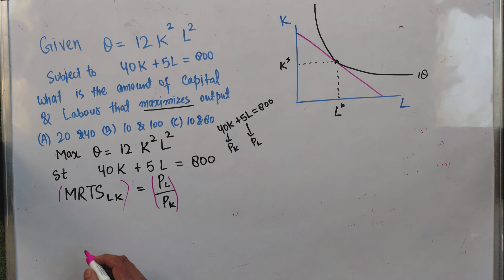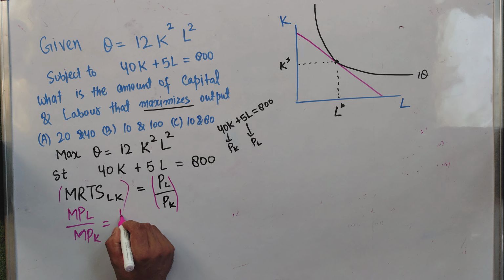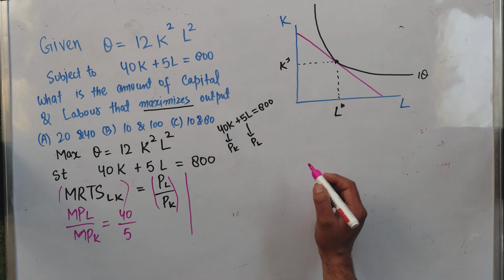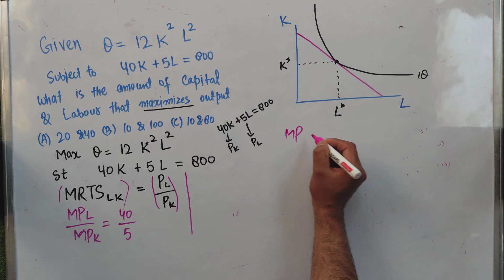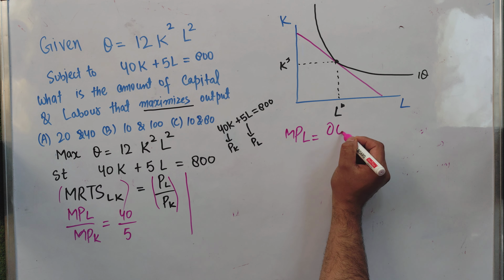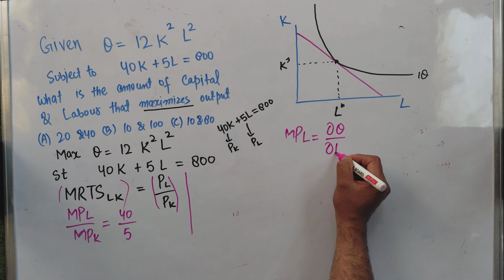Now what is the marginal rate of technical substitution? It is simply the ratio of the marginal product of labor to the marginal product of capital, and it should be equal to the input price ratio. Now what is MPL? The marginal product of labor is the change in output due to the change in units of labor employed.